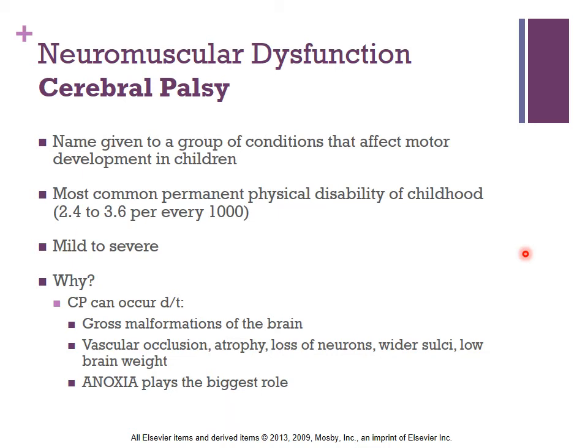So you could have a perfectly healthy baby and then the cord's wrapped around the neck, and if they have a hypoxic injury, then that can lead to CP, and you'll see that a lot. Actually, the majority of the kids I've taken care of, that's what happened. They had an anoxic injury at birth, and then they developed CP. But other reasons can apply as well.